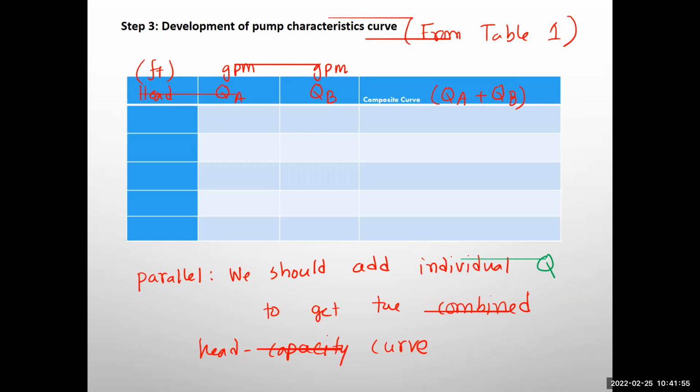So your task is add these, plot these, find the operating point. Okay? You want to work with your friends, that is okay. You want to work individually, that is okay. But find the operating point.